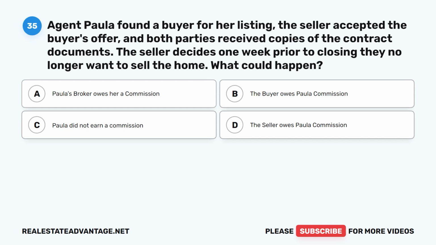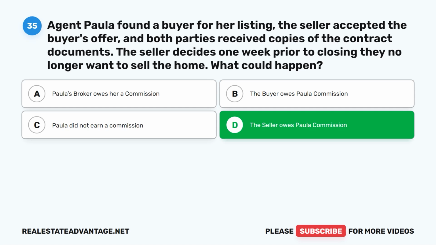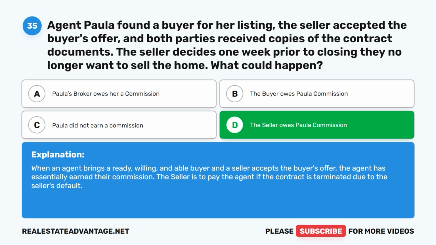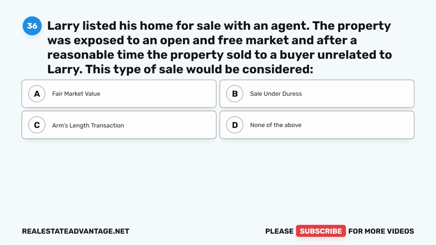D. The seller owes Paula commission. The correct answer is D. The seller owes Paula commission. When an agent brings a ready, willing, and able buyer, and a seller accepts the buyer's offer, the agent has essentially earned their commission. The seller is to pay the agent if the contract is terminated due to the seller's default.